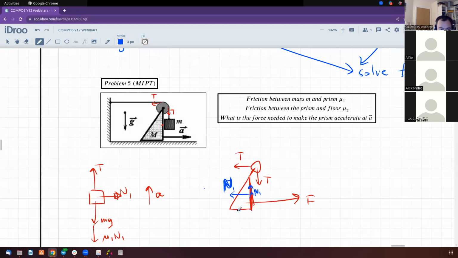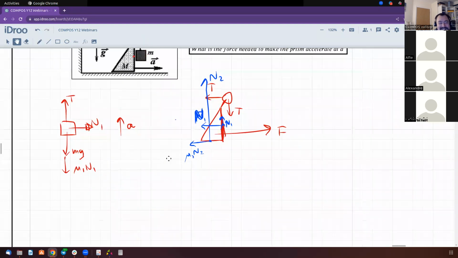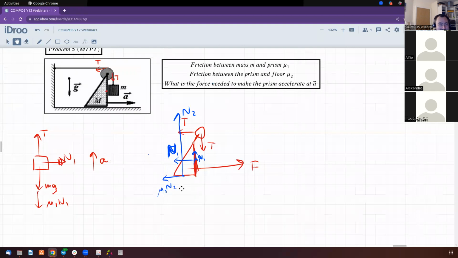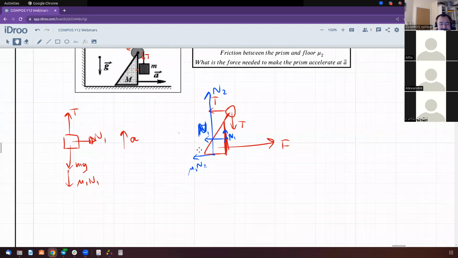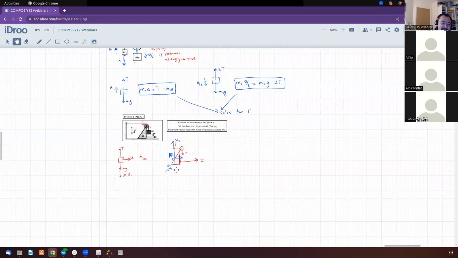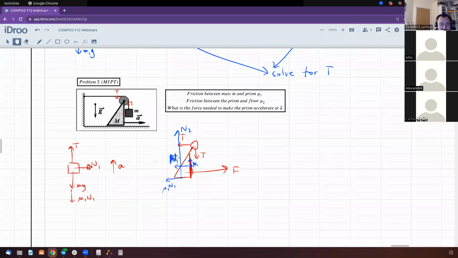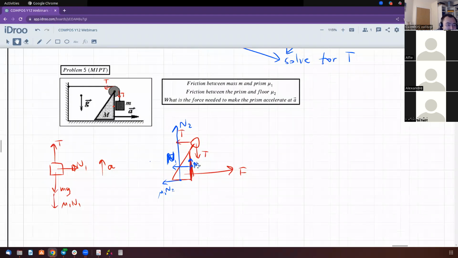There is friction force here, mu 2 N2. There's the normal reaction here, N2. And that's it. I mean, it does sound complicated, but all you need is to write down the equations and solve the simultaneous equations. So this one is accelerating to the right. This one is accelerating to the right.